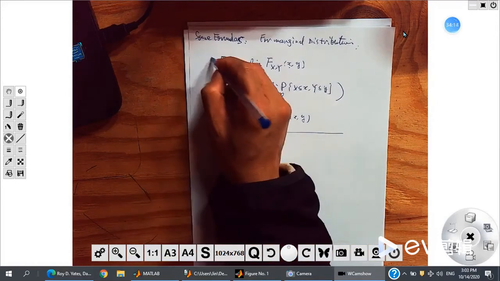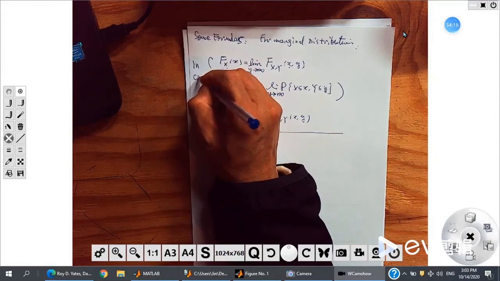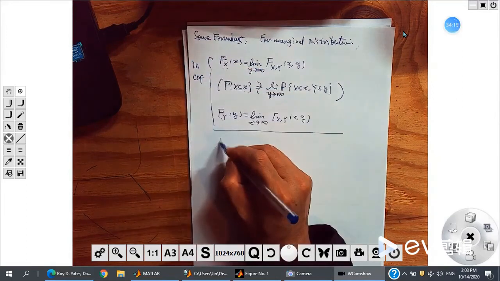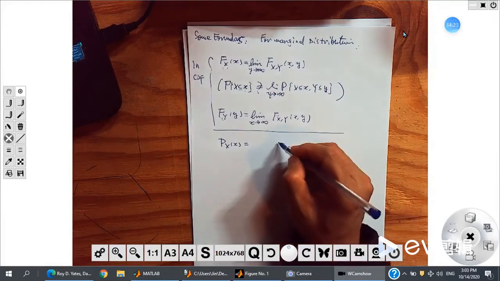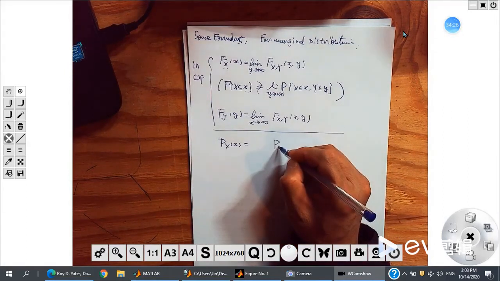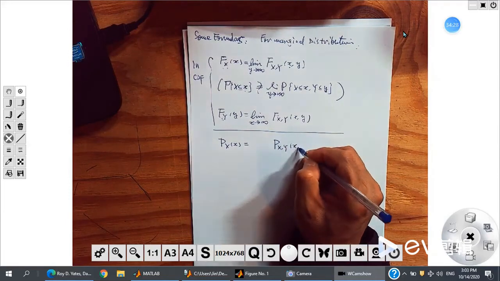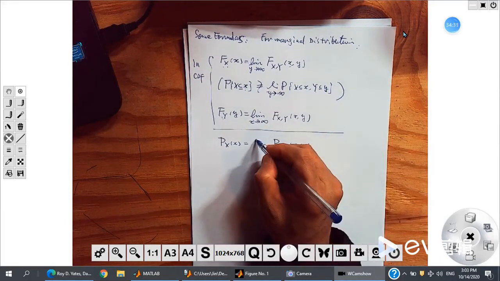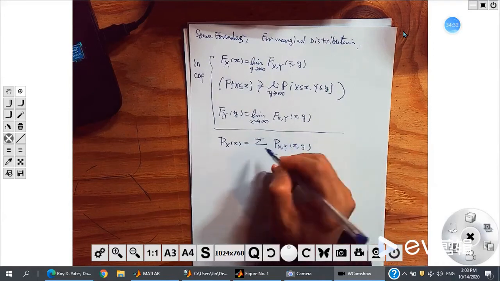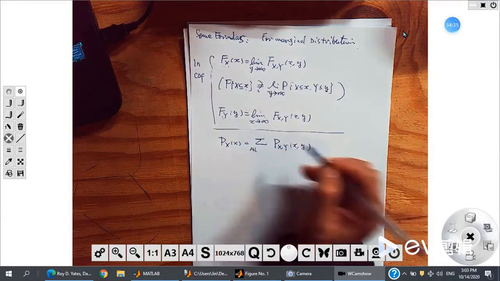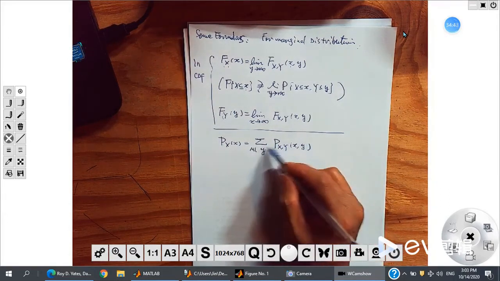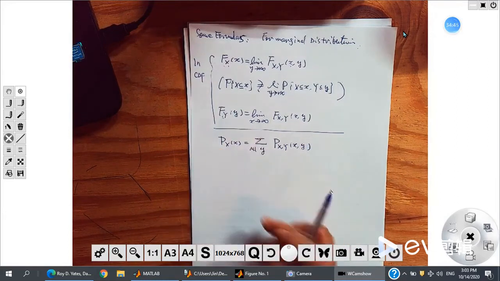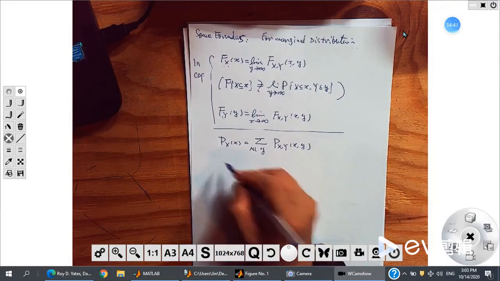In the PDF, we have p_X of x. It is related to p_XY of x and y, but now we need a summation, a summation over all y. You sum over all of this y, then you have this one. And remember we have a graph.